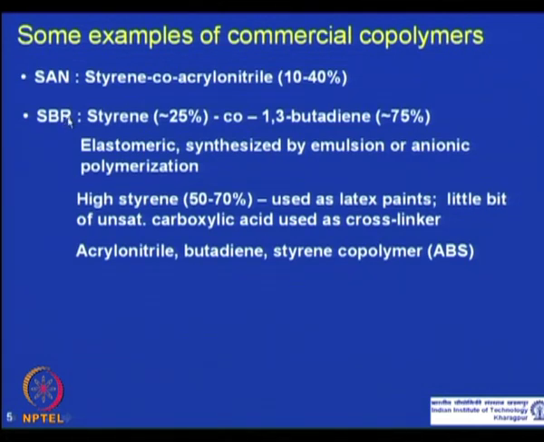Styrene butadiene rubber is used, where butadiene, having low Tg, gives rubbery domains in the copolymers, and as a result this copolymer becomes rubbery or elastomeric, and these copolymers are typically synthesized by emulsion or ionic polymerization.